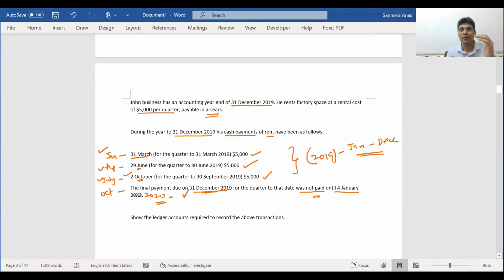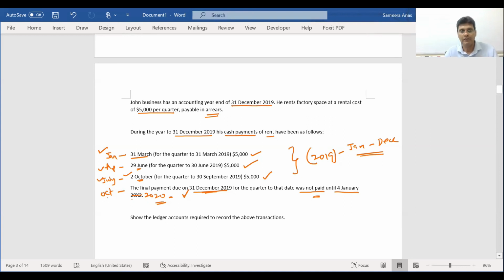When you match with your revenue, 12 months revenue has to be compared with 12 months rent. This is as per the international accounting standard, so we need to follow it. Under that, the accrual concept says whether the expenses have been paid or not, the total expenses for that particular period have to be accounted for.